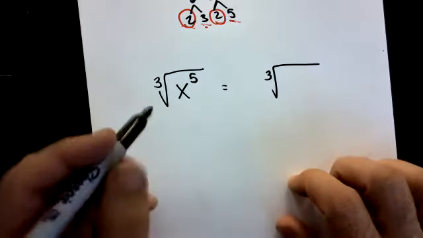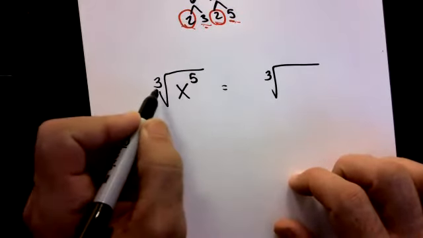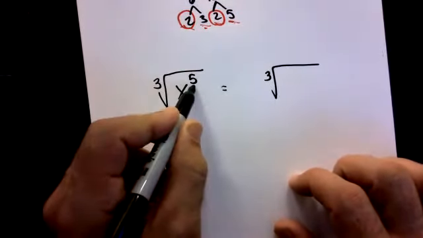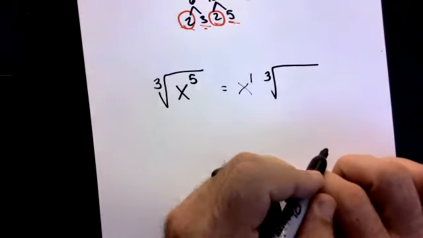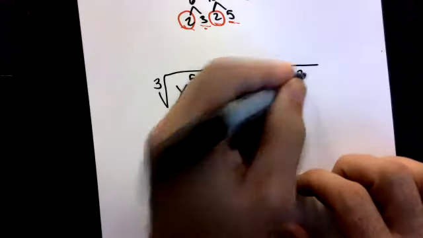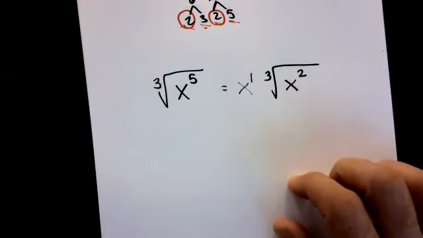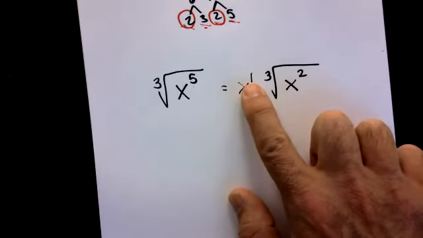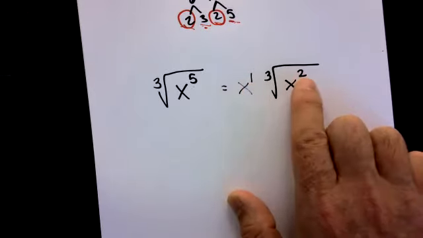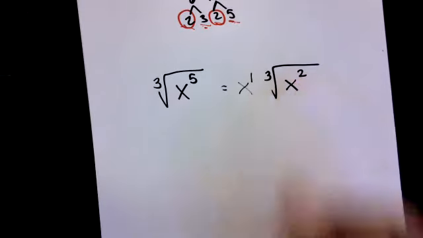So what I mean by that is we divide, so you take your exponent divided by 3, so 5 divided by 3, well, 3 goes into 5 once with 2 left over. So however many times it goes in evenly is what comes out in front, and then any remainder is what stays inside.